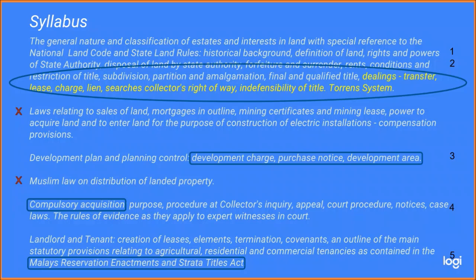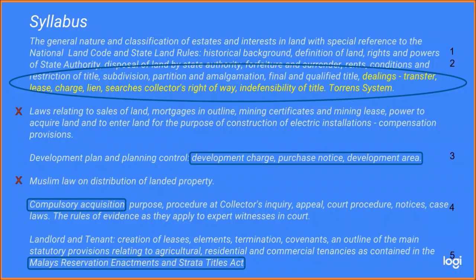Of course the main one will be the first one, which I have circled and highlighted, which is the National Land Code. In particular, I highlighted the yellow one, dealings. What the agent does is actually help in the dealings of the land.